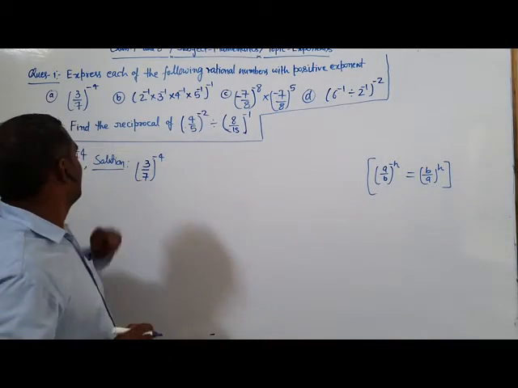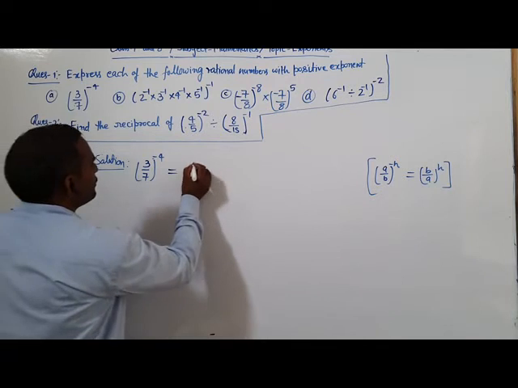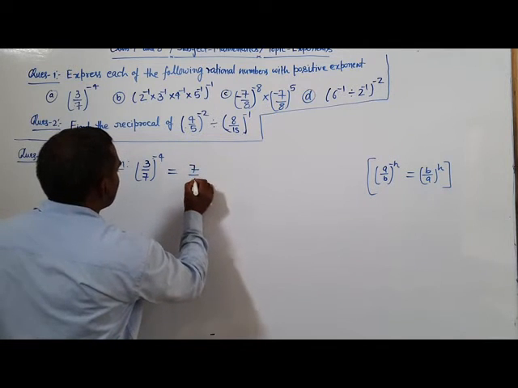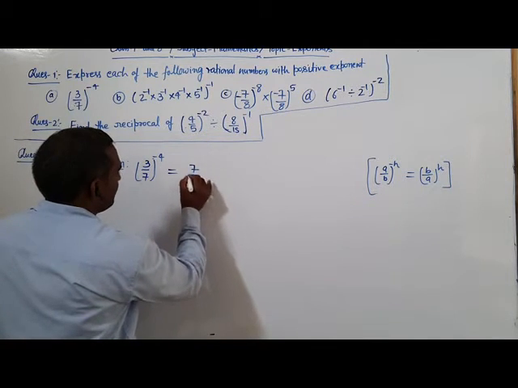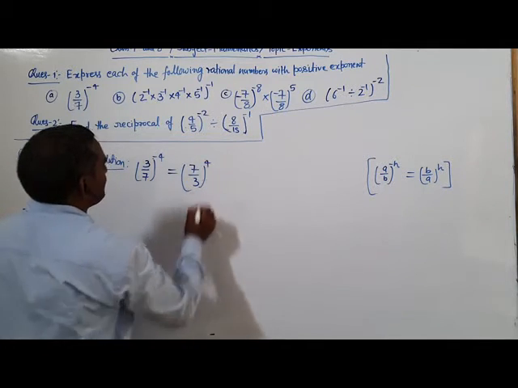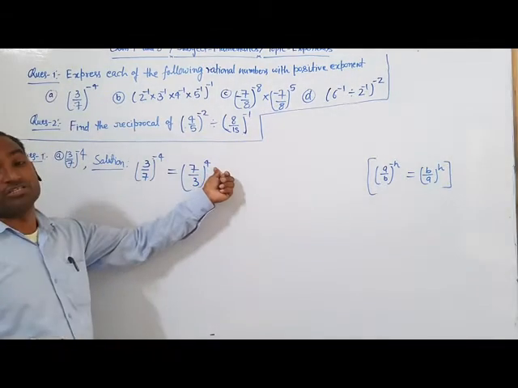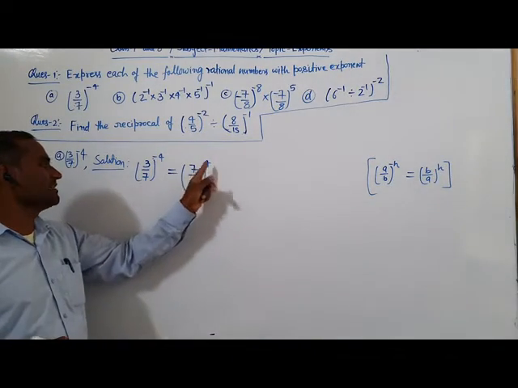Here (3/7)^-4 is equal to (7/3)^4. Here the power is positive.